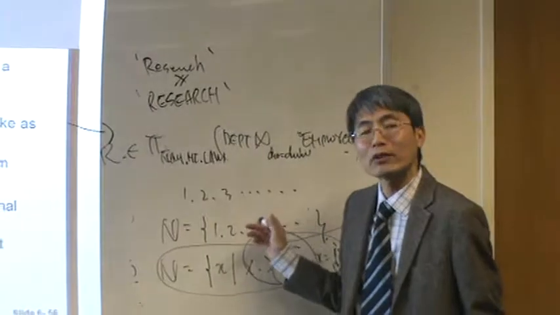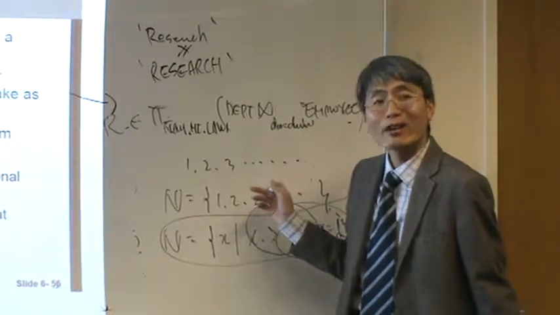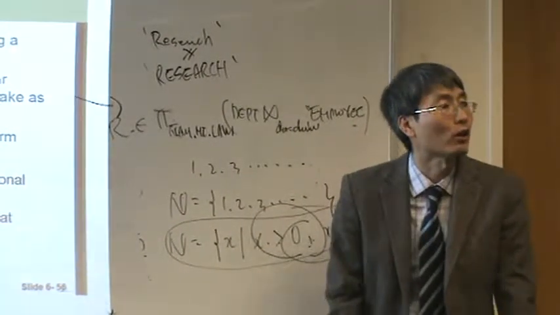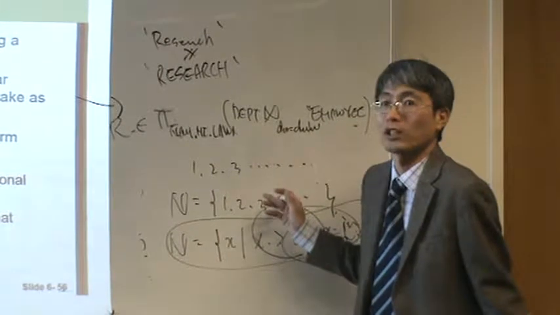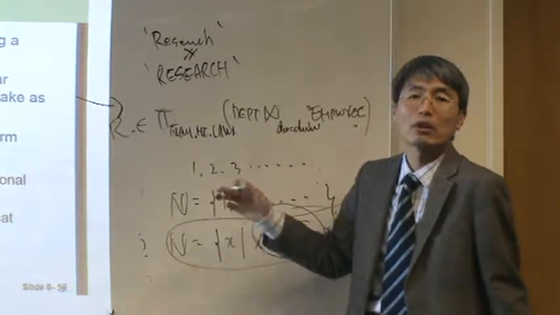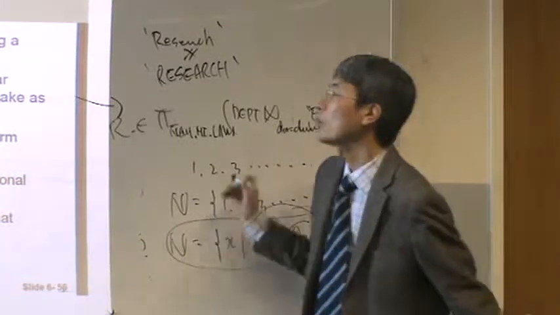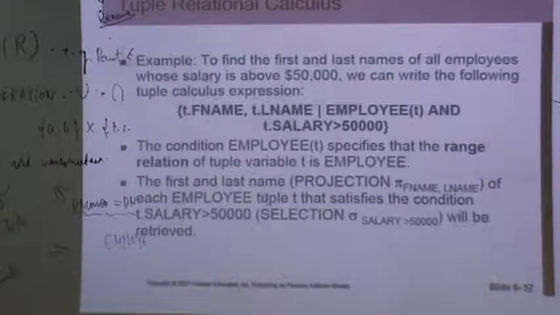So relational algebra is frequently used in DBMS systems, query optimizer and query processing, because it shows how we can access the data. We will see more in detail after the midterm exam.